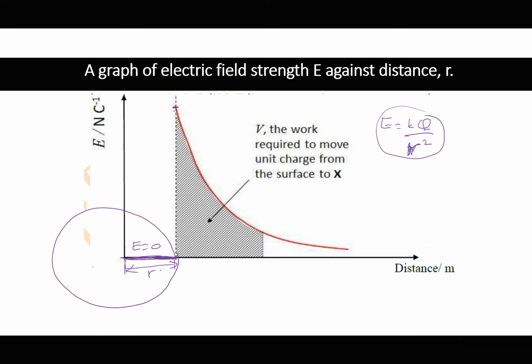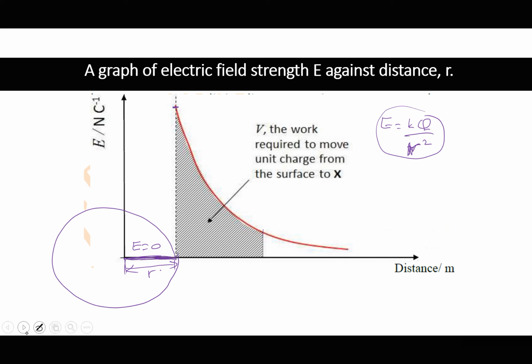The work done to move from the surface to a certain point is sometimes referred to as the potential, or V is going to be the work required to move from the surface to a certain point, or the change in potential energy, which we shall see later on as we advance.